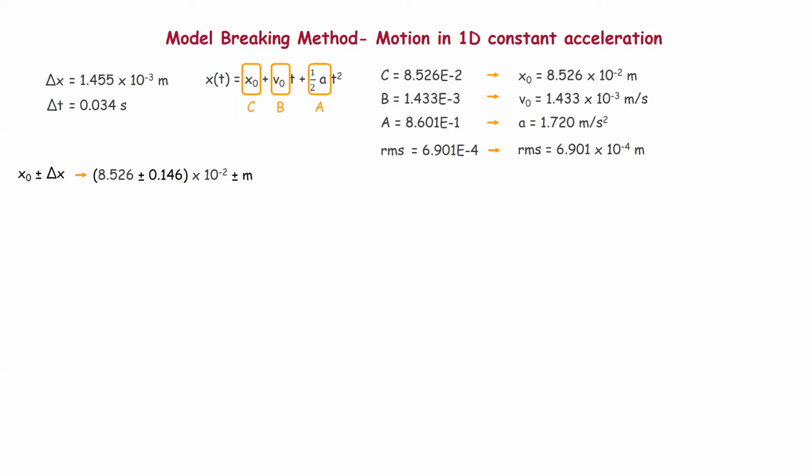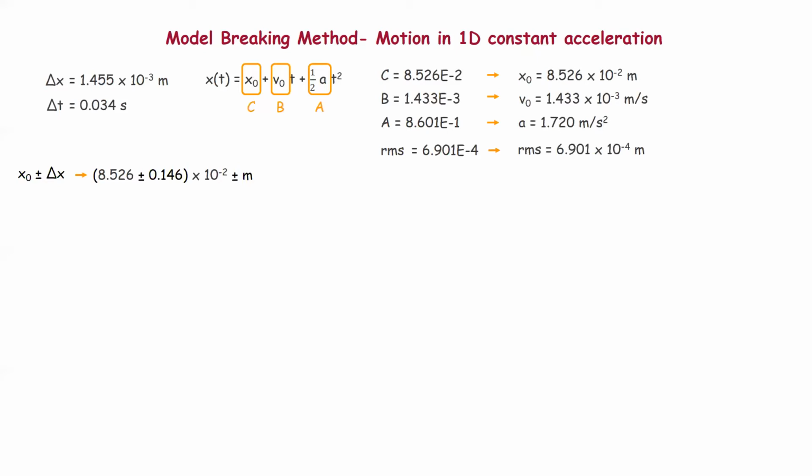Since this RMS value, the calculated average error, is smaller than the measurement error delta x, we can safely say that this model successfully explains the motion of the cart, because the root mean square errors, the average errors for each data point, are less than the measurement errors. It is within the measurement errors. That means the best parabola fit is just within the measurement error made by the tracker.